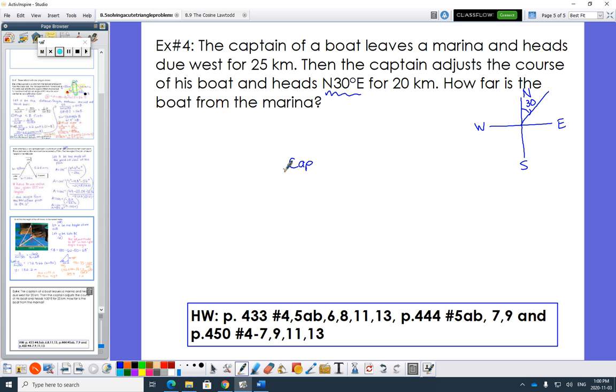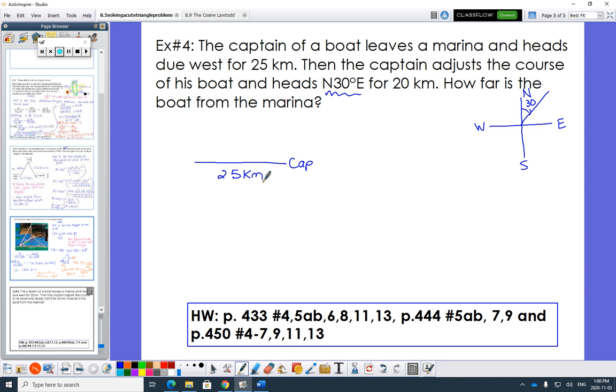This way, yes. Okay, so 25 kilometers. And then heads, does it say where he's going? No. And then he heads north 30 degrees east for 20 kilometers.